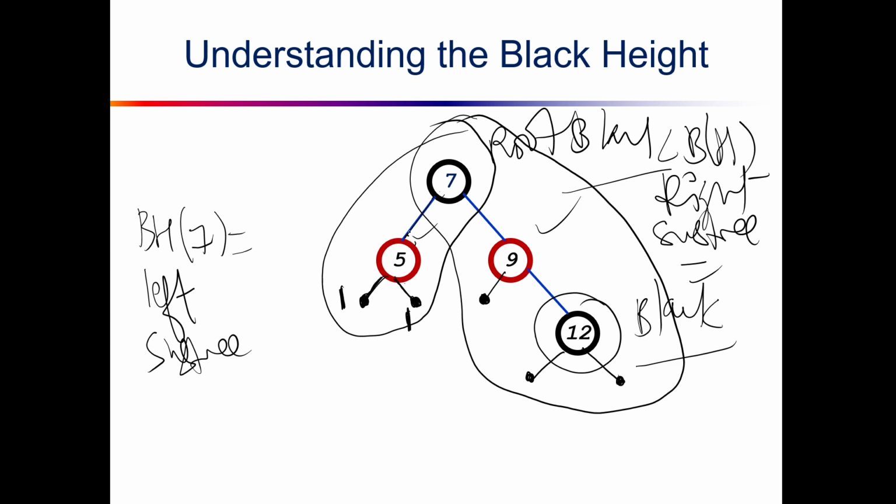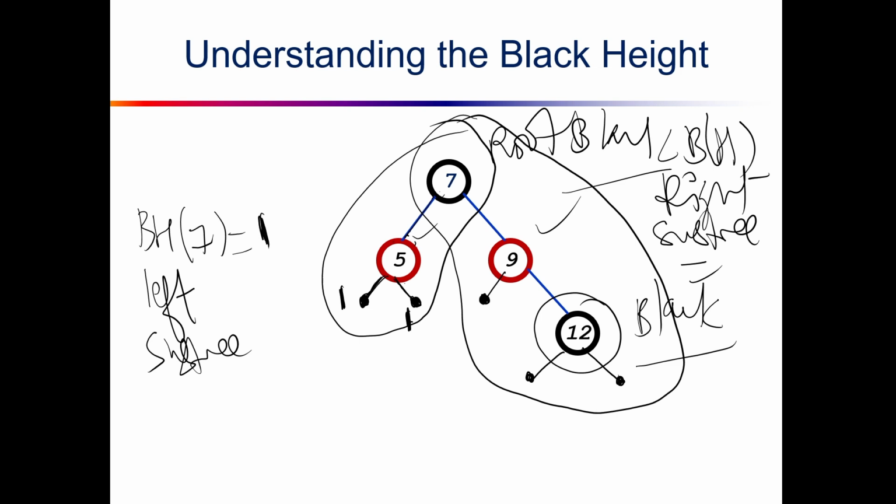In path 7, 5 and the left leaf node, I have one black node because I'm not counting node 7 itself. And on the path 7, 5 and the right leaf node of node 5, I have again one black node. So in the left subtree, I can say that the black height of node 7 is 1.